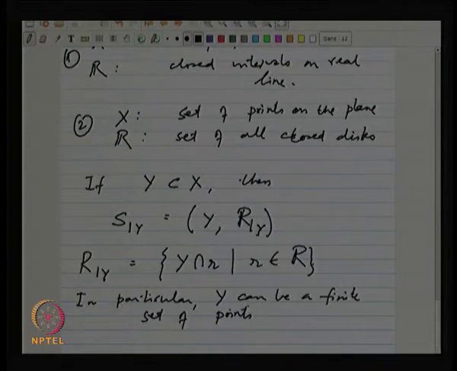If Y is a finite set of points, then everything is finite, even the family of subsets. This is an absolutely general and useless definition.